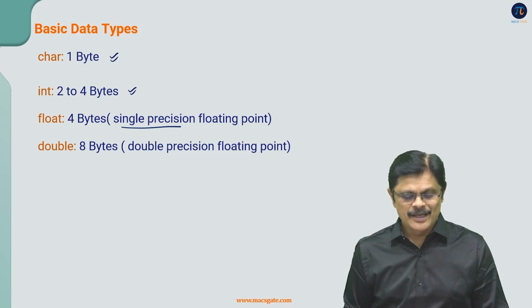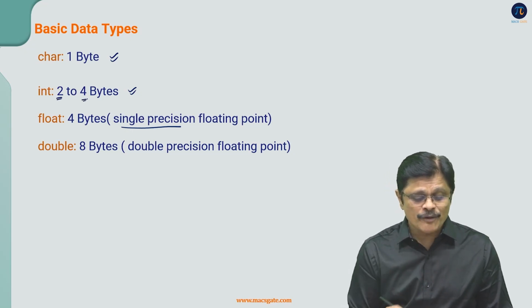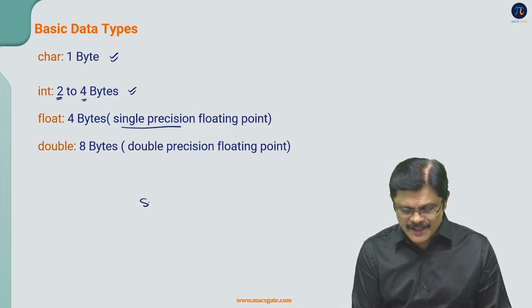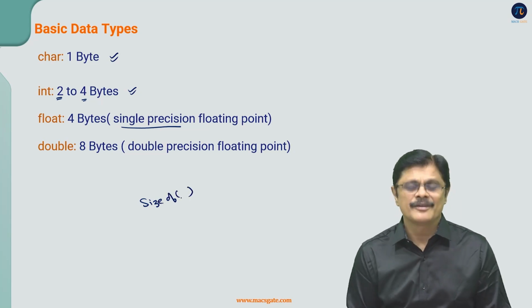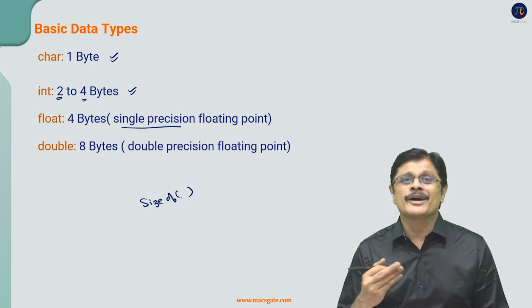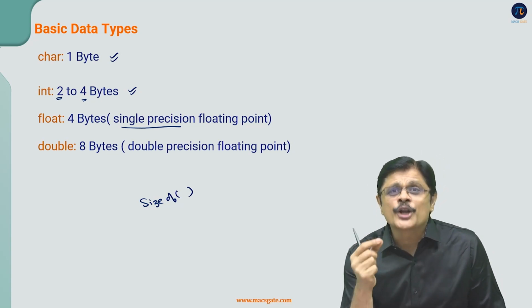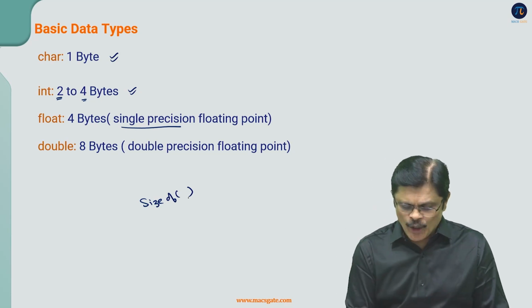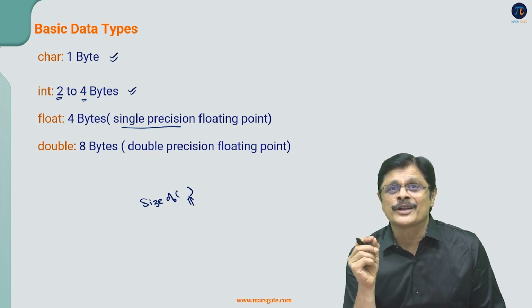In your compiler, whether integer takes 2 bytes or 4 bytes, if you want to understand, you can use one very interesting keyword, sizeof, which also works as an operator. We can give the data type or the variable as the argument here and know the size of that particular data type or variable.